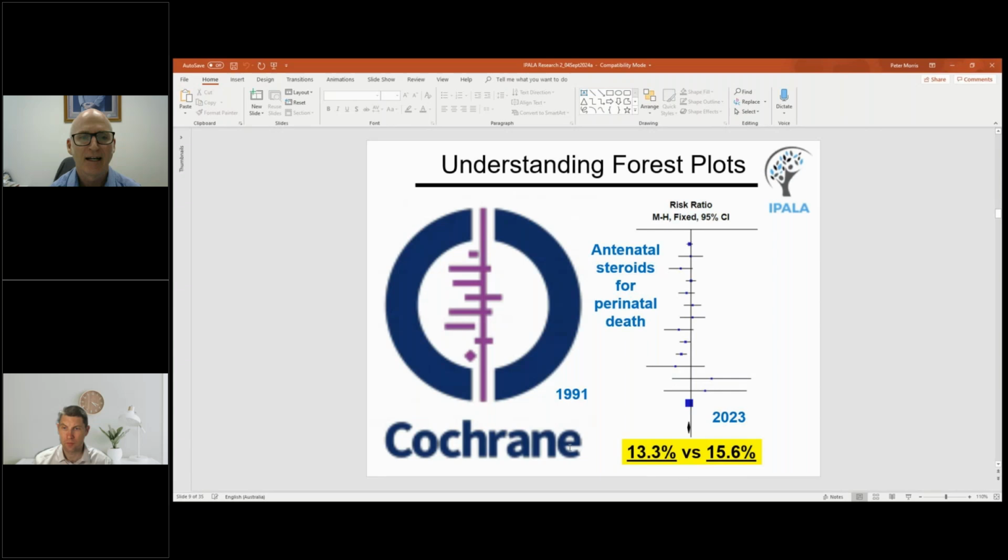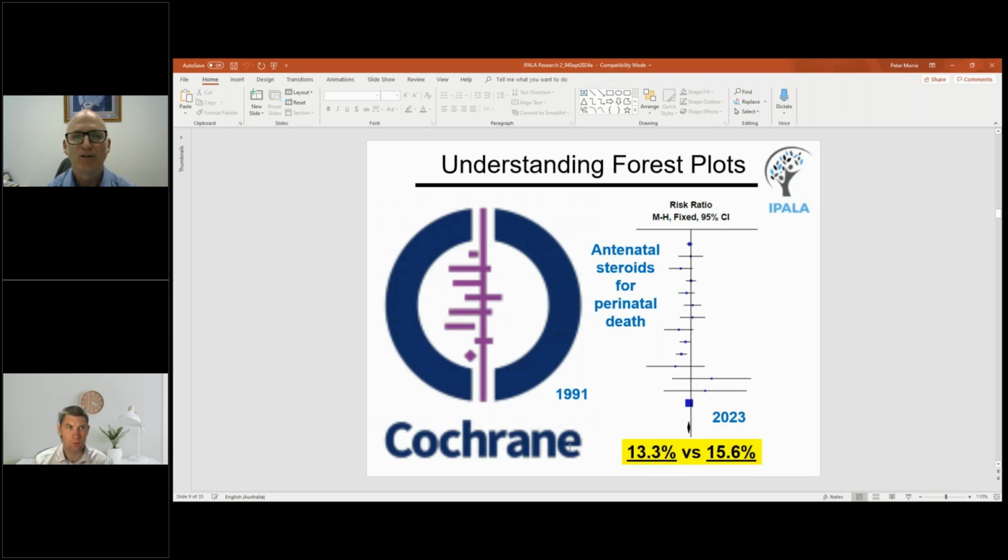The Cochrane collaboration produces systematic reviews of mainly interventions, and the logo was designed in 1991 by Ian Chalmers, and on either side of the purple central line and horizontal lines were two C's, which were meant to stand for the Cochrane collaboration.